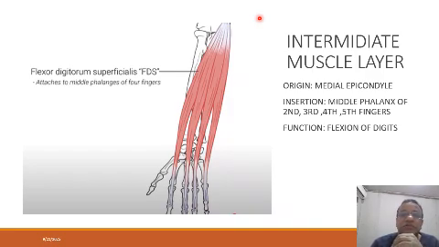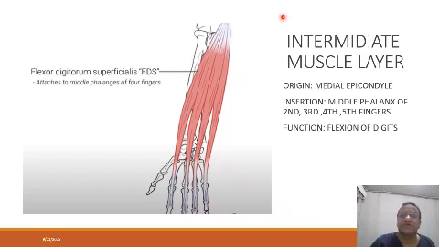This muscle originates from the medial epicondyle, distal location, as a single muscle belly. This intermediate layer muscle goes downwards toward the digits.